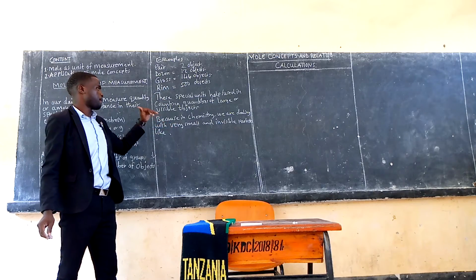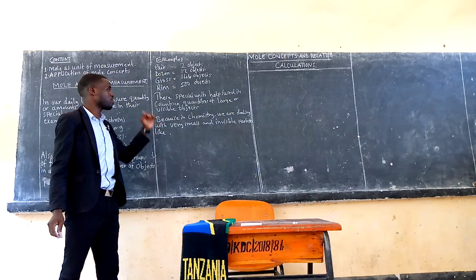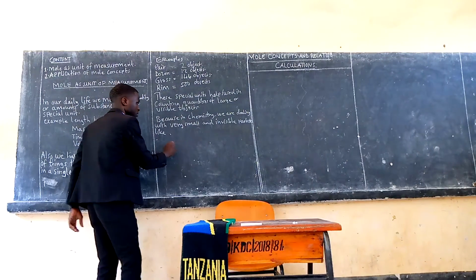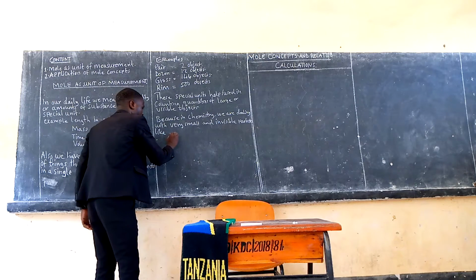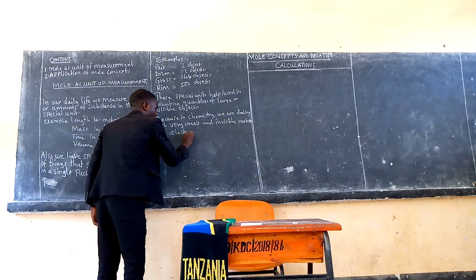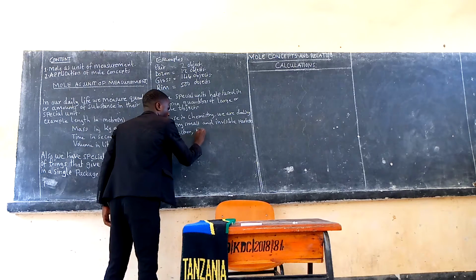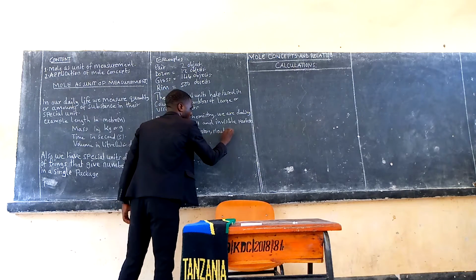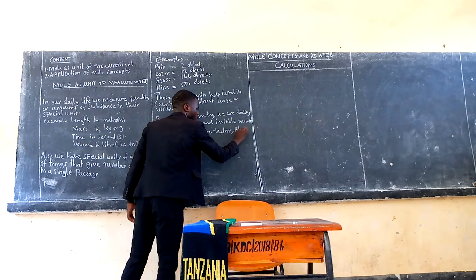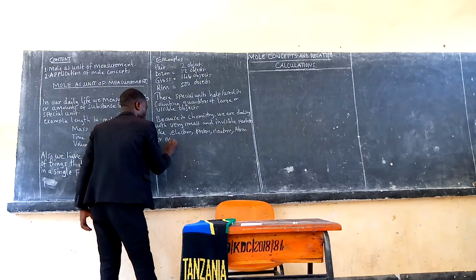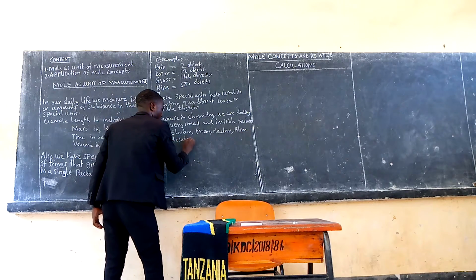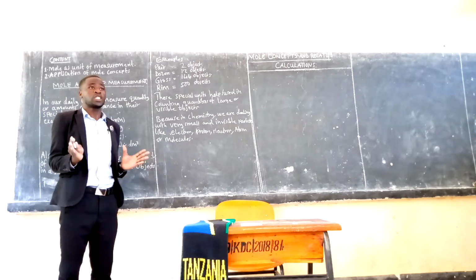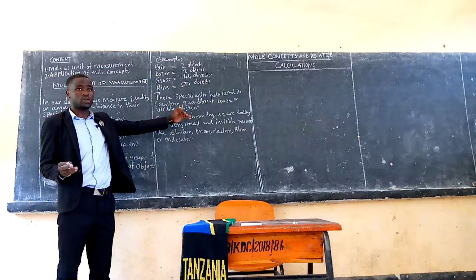But because in chemistry we are dealing with very small and invisible particles in most cases, like electron, proton, neutron, atom, or molecule, there was a need to introduce a unit that will be used in counting these smallest particles.